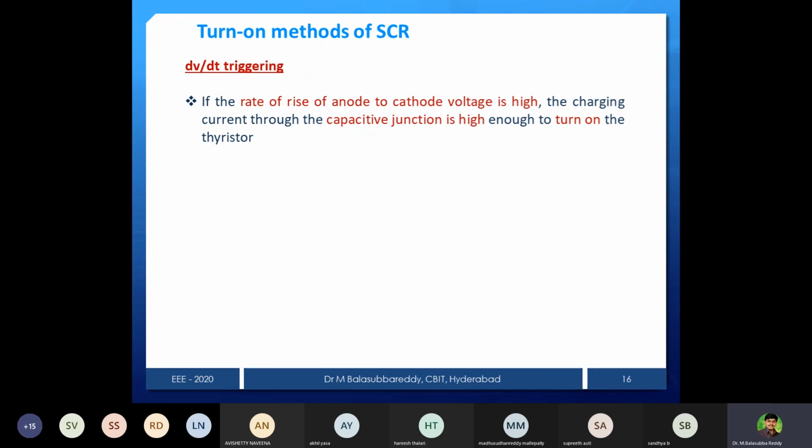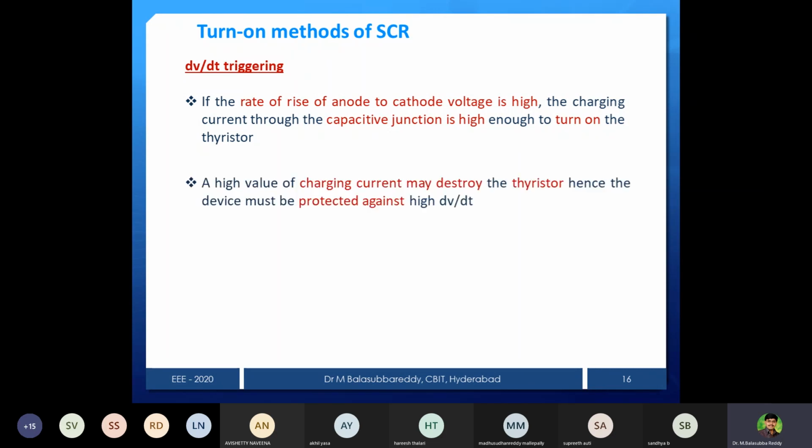All thyristors may not have the same dV by dt; depending upon the rating of the SCR, we have a value of dV by dt. If the rate of change of voltage goes beyond that specified value, the device is automatically triggered. That charging current may destroy the thyristor, and the device must be protected against dV by dt. So how will we protect it?